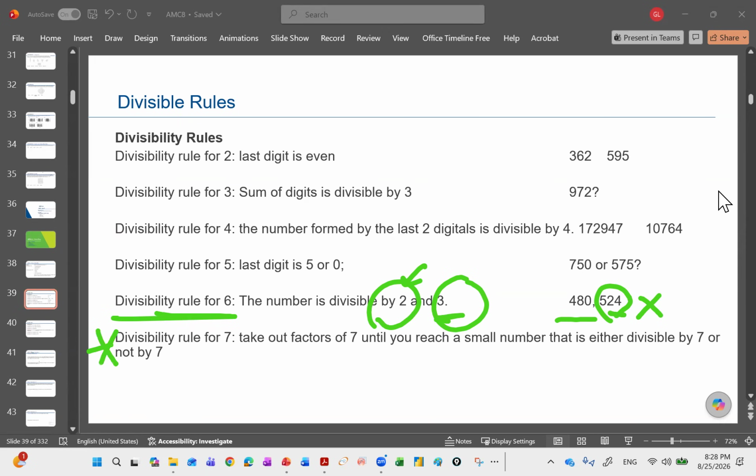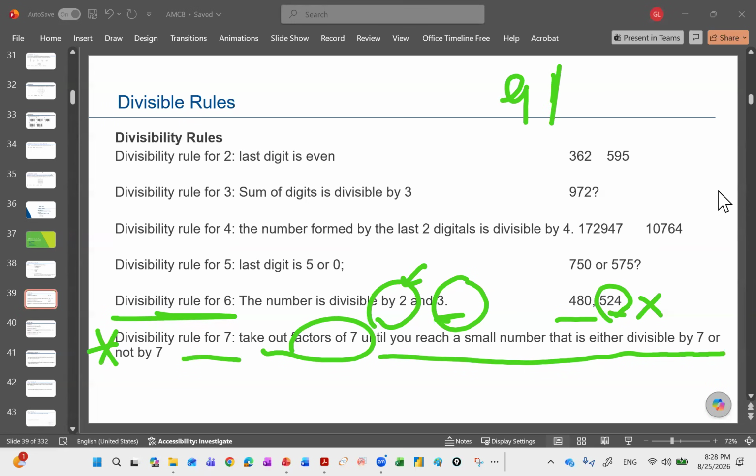This is a tricky one. You have to take the factor 7 out until you find the smallest number, and check whether it is divisible by 7 or not. Is the remainder 0 or not? Like 91, yes. You divide by 7: 1, 21, 3, yes.